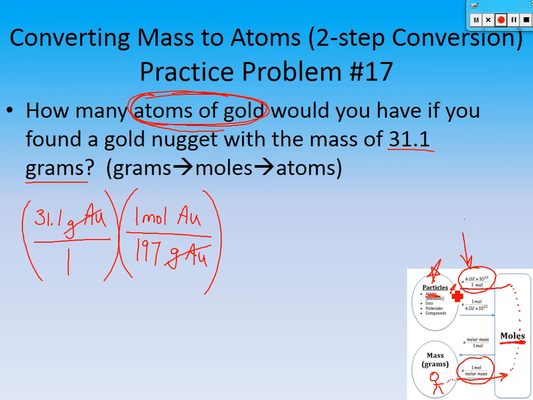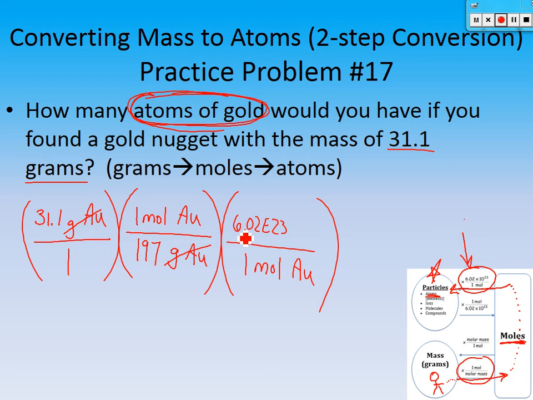Well, we come across this top bridge. I've got to multiply by this conversion factor. Avogadro's number goes on top, and 1 mole goes on the bottom. We're getting that from right there. Well, 1 mole of what? Au. We know it's got to be that because if it's up here, it's got to come down here. What are we talking about on the top, though? What are my units?